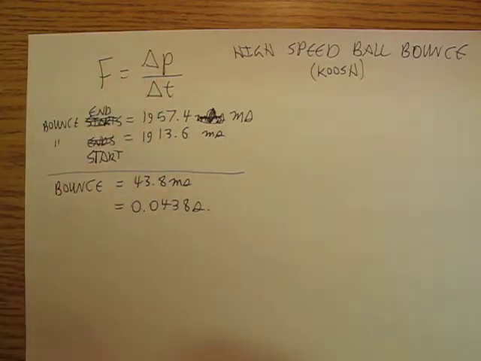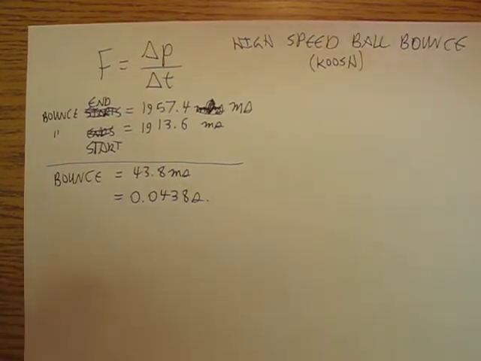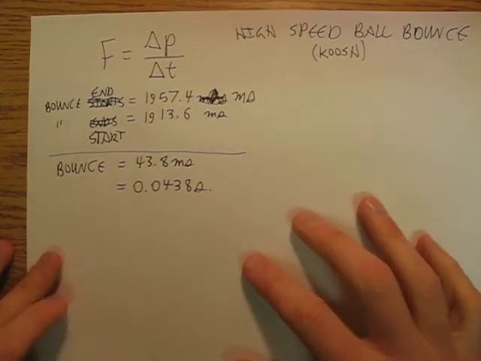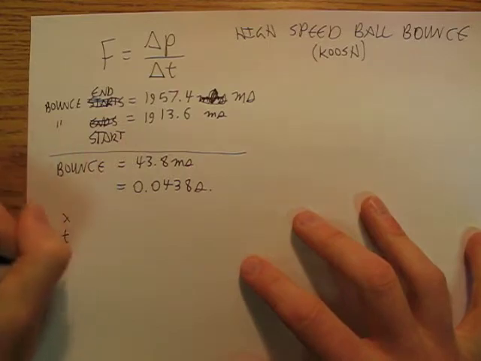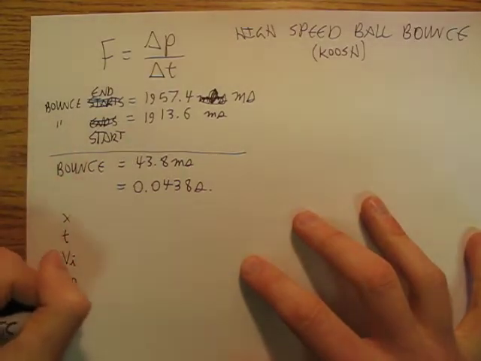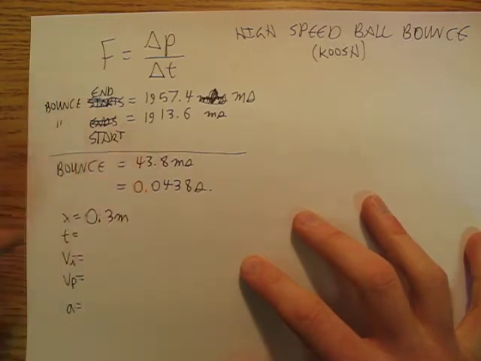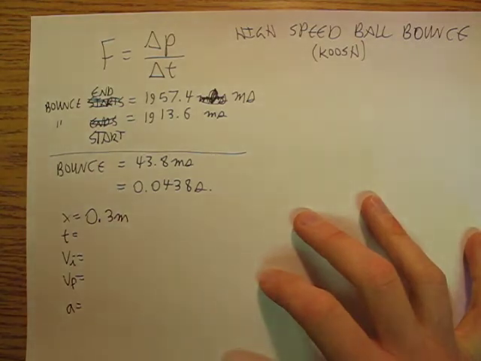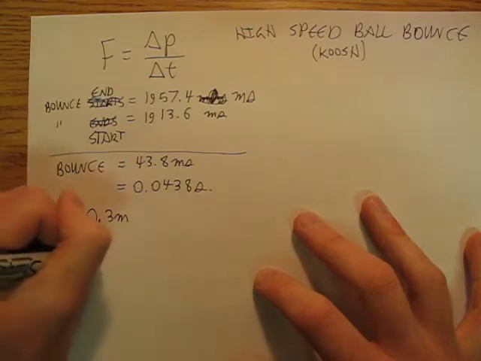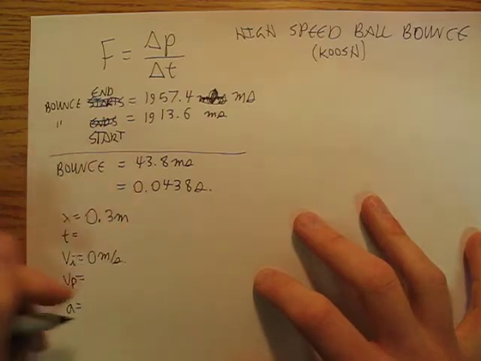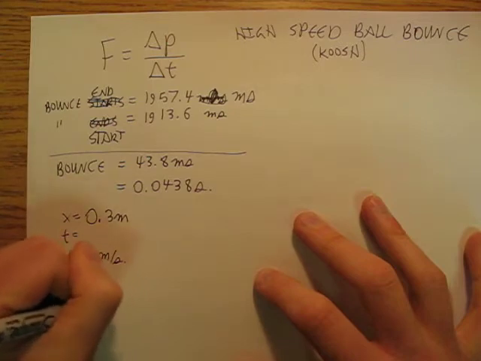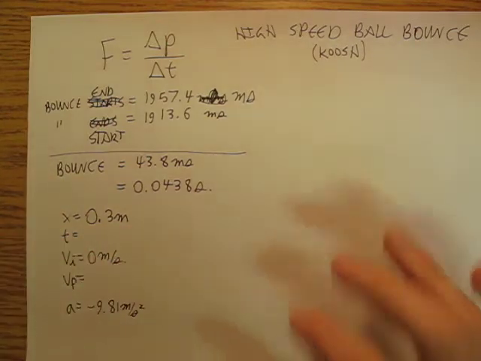Now we have to make some real judgment calls here. So what I'm going to do is I'm going to just sort of assume that, roughly speaking, he dropped the ball from 0.3 meters, and that the initial velocity of the ball was 0 meters per second, and the acceleration was negative 9.81 meters per second squared.